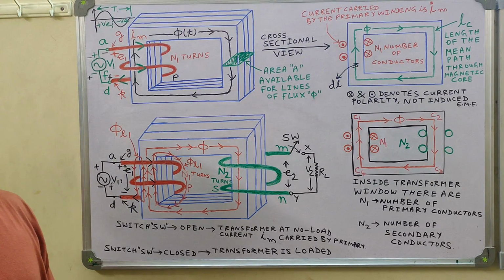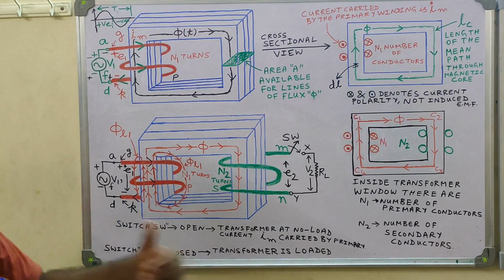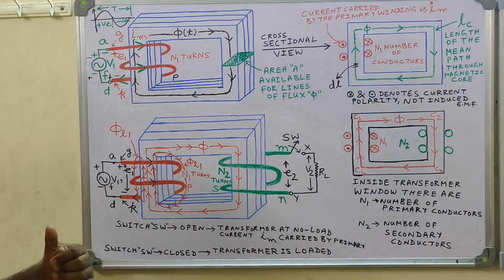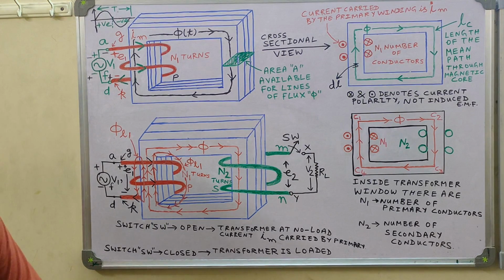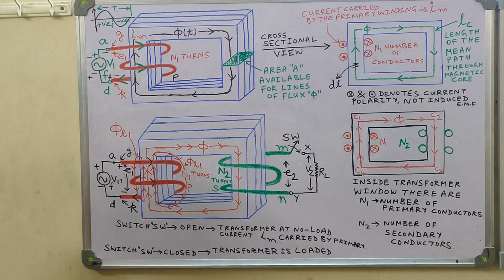Usually the load will be an electrical load, and the two windings in question, that is primary and secondary winding, are electrically isolated. That means there is no electrical connection between them, but they are wound on a common magnetic core. So since the two windings are wound on a common magnetic core, what happens?